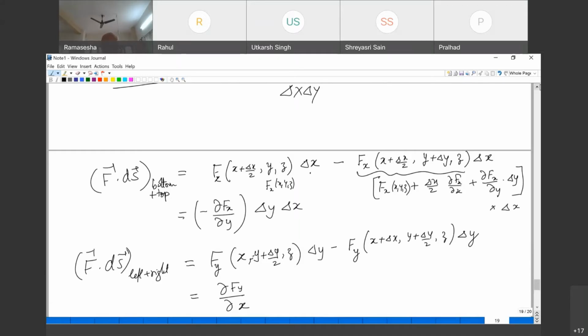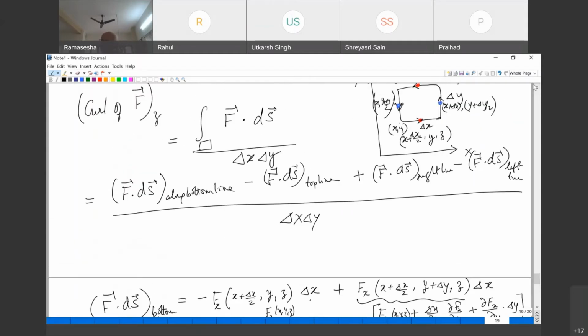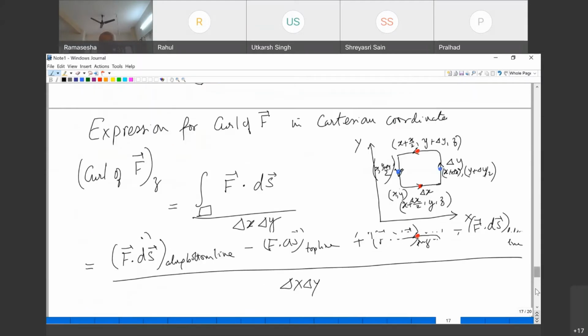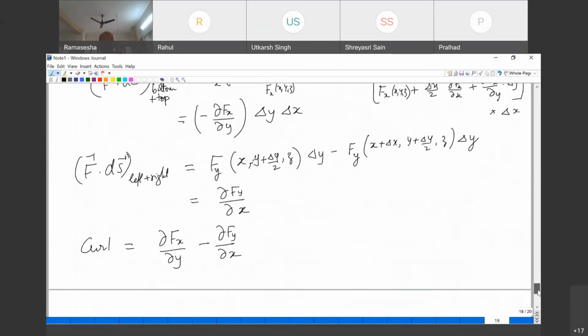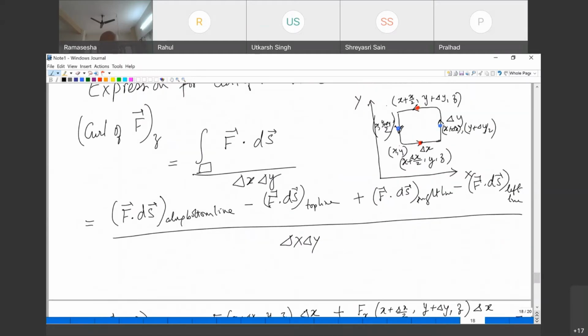Okay, so this is f at y comma z times delta x at the bottom line. At the top line, it is y plus delta y. Oh, this is going the positive direction. Right. Bottom line is the positive and top line is the negative. So bottom line is positive, top line is negative, and left line is down and the right line is up.